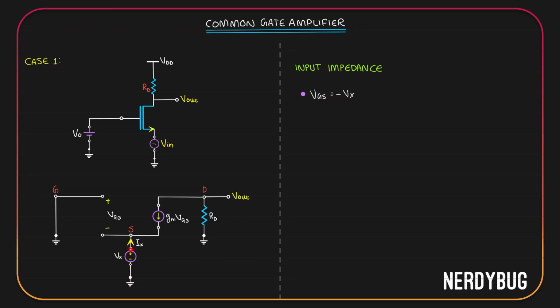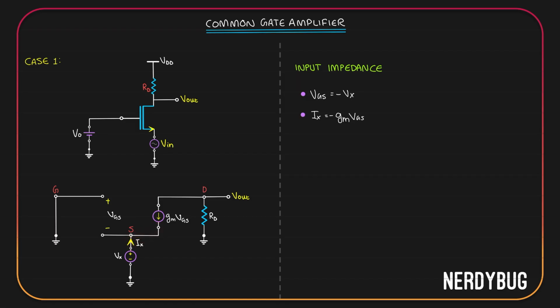Now, Ix is flowing like this. Since the circuit is open over here, obviously it cannot flow through that direction. Ix has to completely flow like this. But then the current that flows in this part is actually GMVGS. That means Ix has to be equal to negative of GMVGS.